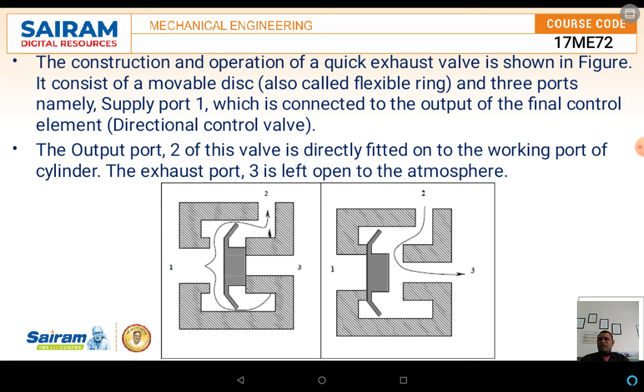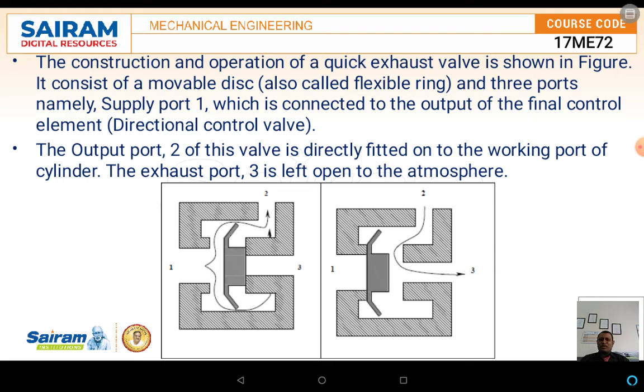If you look at sketch 1 on the left side, if the pressurization is at the supply port, the flexible ring blocks the outlet port, or the exhaust port. If the pressurization is done from port 2 and the pressure is less in port 1, then the flexible ring moves from port 3 to port 1 and blocks the inflow.